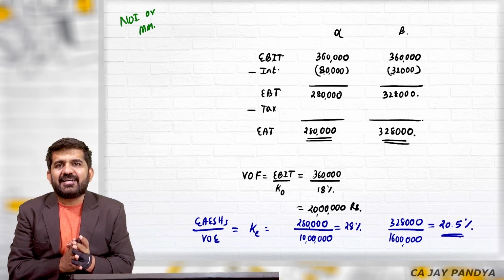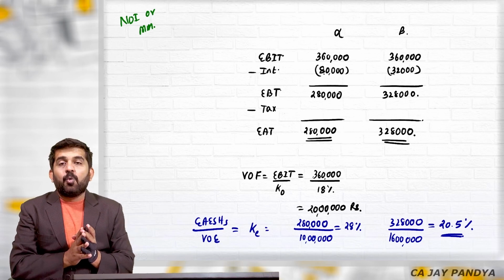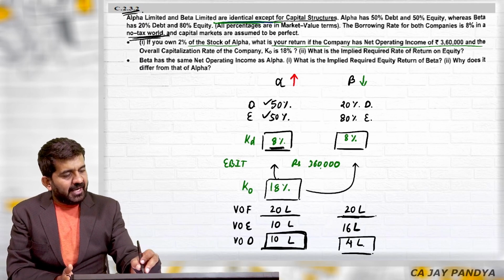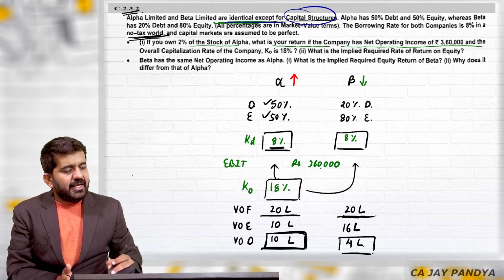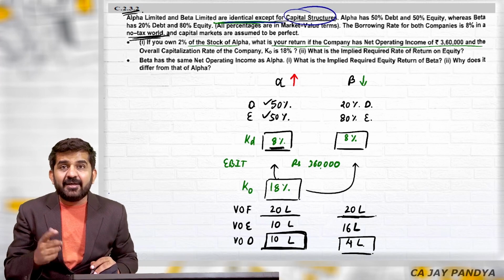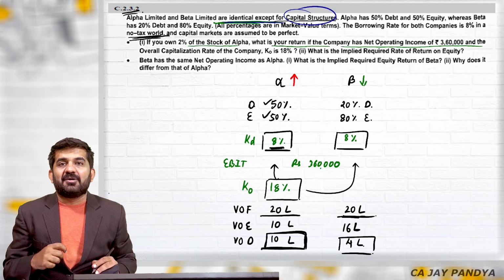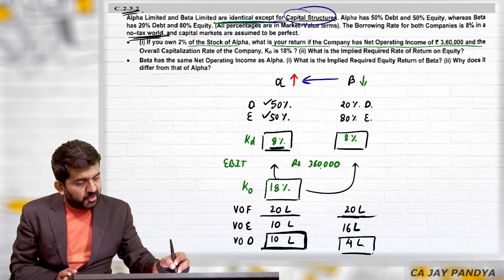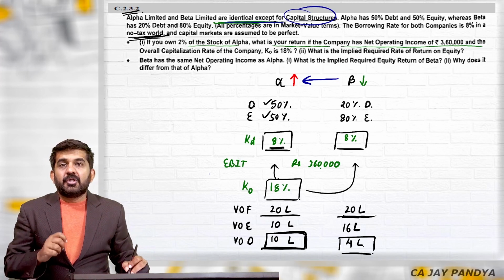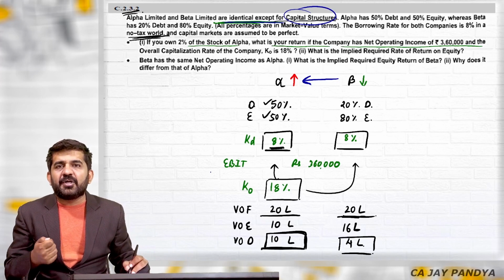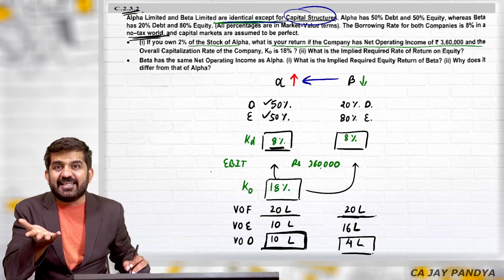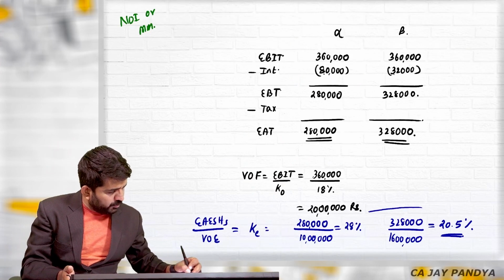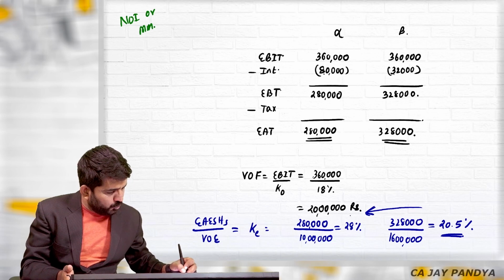And they are asking us to suggest why the KE is different. They have written that they are identical in all aspects except capital structure. Why? Because the net operating income and Modigliani-Miller approach says, as you increase your risk, the required rate of return of equity shareholders will increase. If the required rate of return of equity shareholders increases, they will expect more.